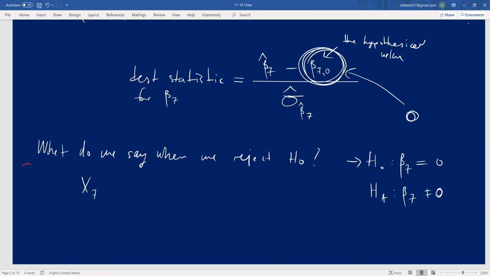That's true, but if you reject H null, that means beta 7 is not 0, right? So that means X7 does affect Y. That's your conclusion, guys.